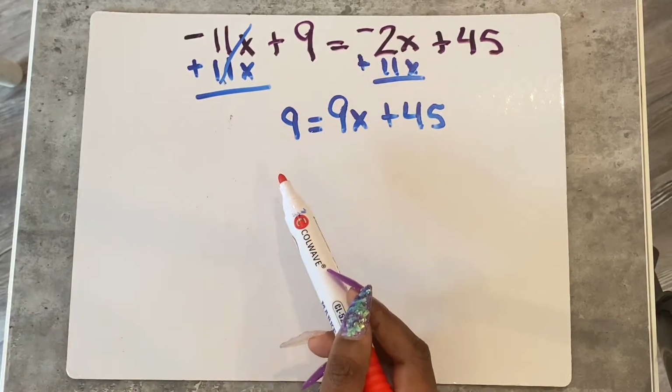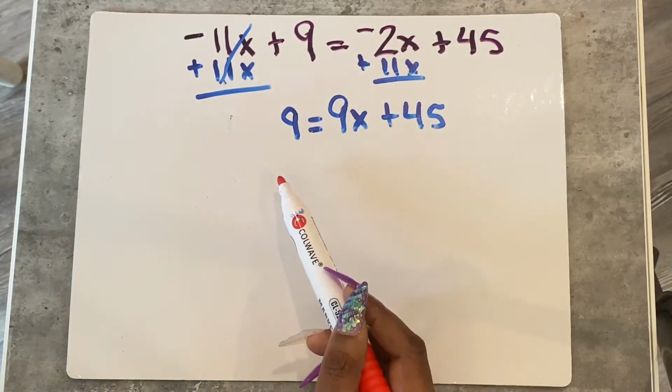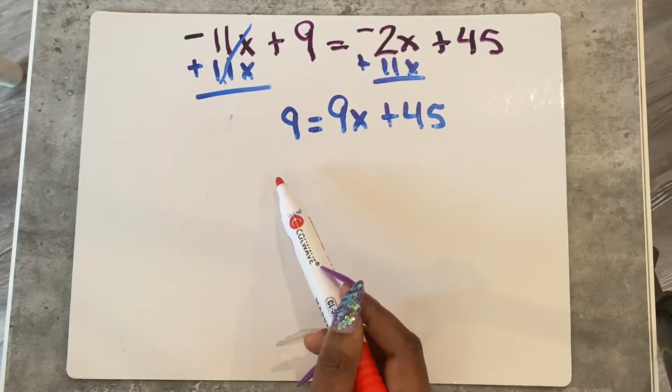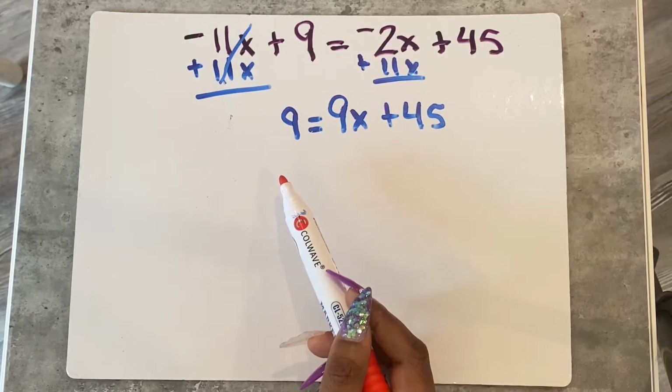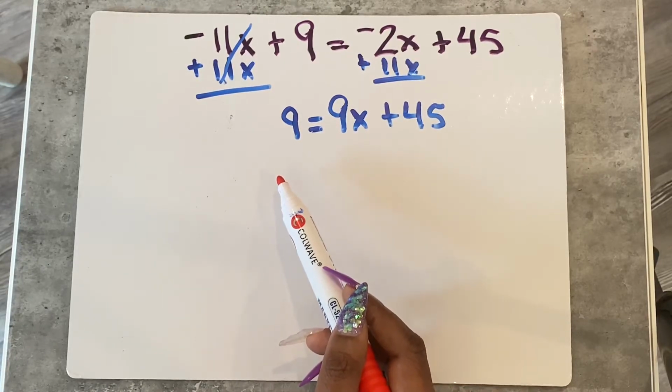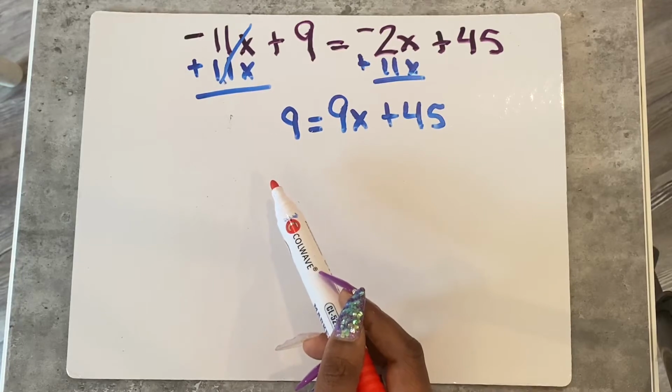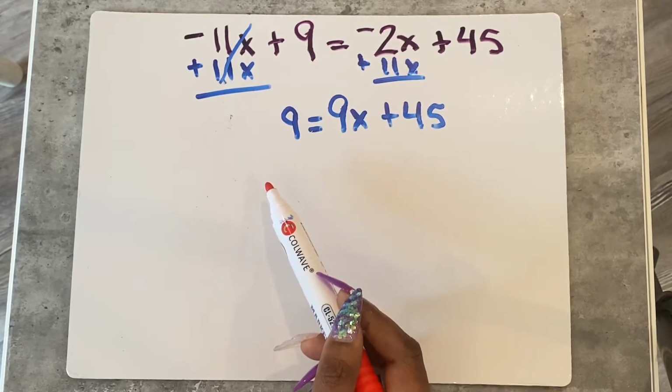I'm going to say that again. That 9 has to stay on that side. You have to keep the equation balanced. Please keep the equation balanced. I am saying this slowly so that you get what I'm trying to say.